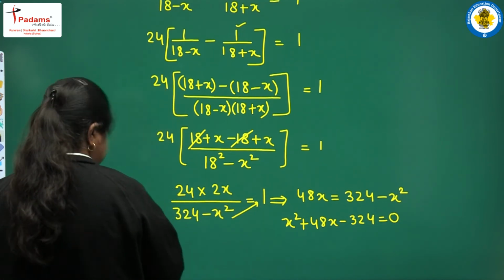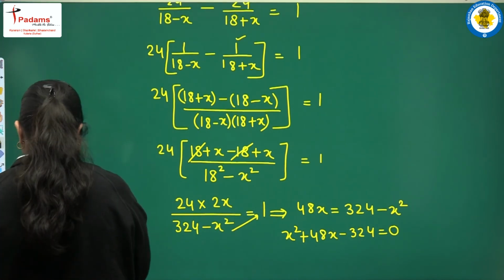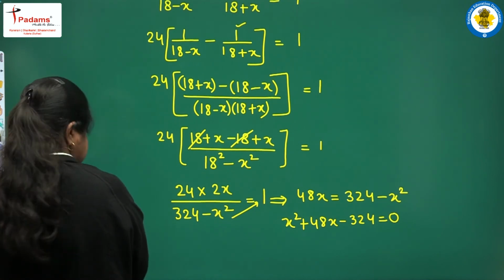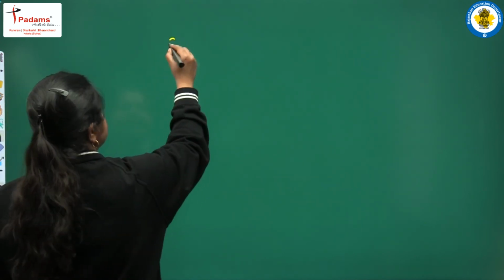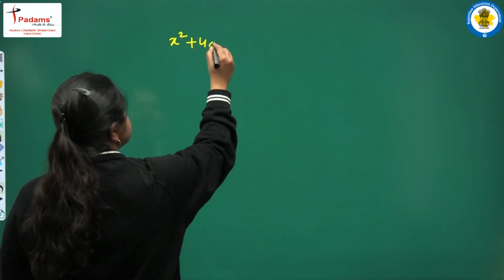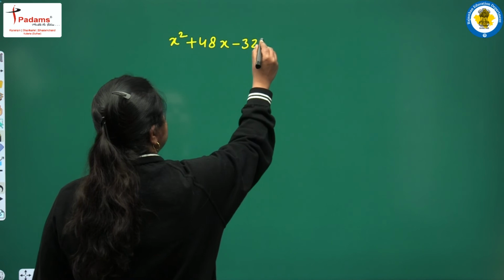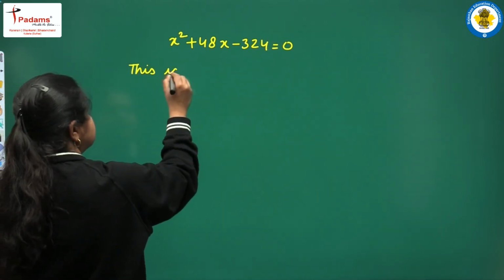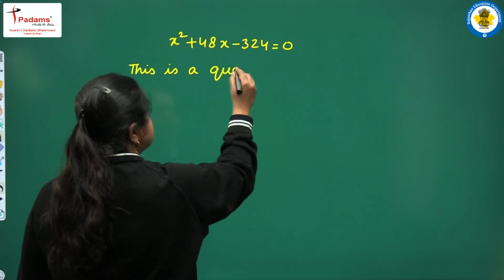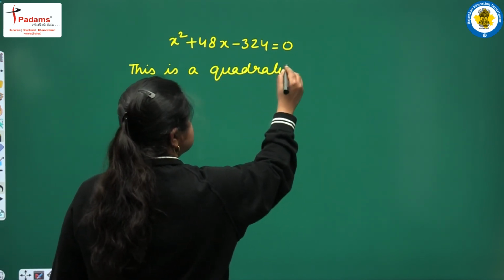We write it on the next page. It is x square plus 48x minus 324 equal to 0. This is a quadratic equation.